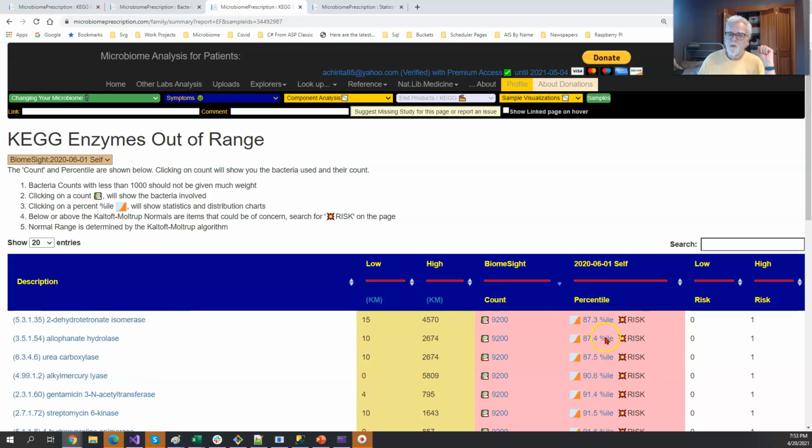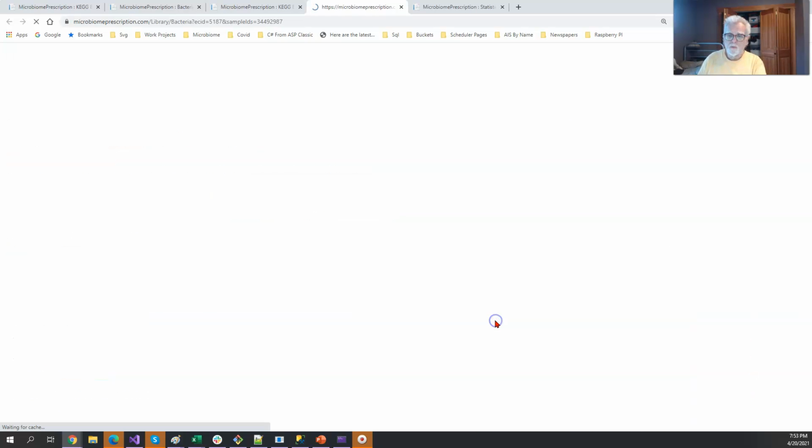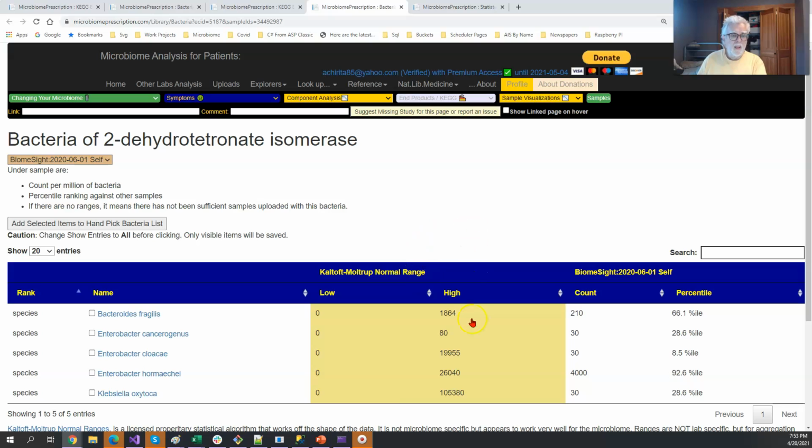Let's suppose we do it by going for whatever is the highest count, which is right here. Again, you have the ones which are high. And we have something which is at the 92nd percentile, and that's the same one which a subsequent sample also had high. So this one is persistently high.